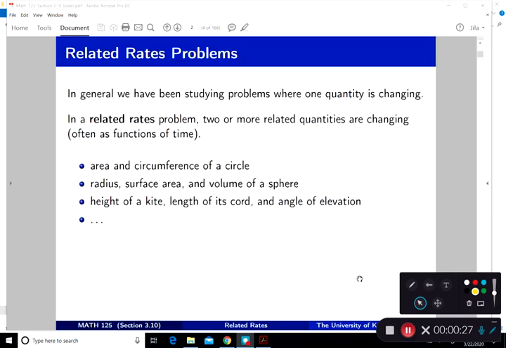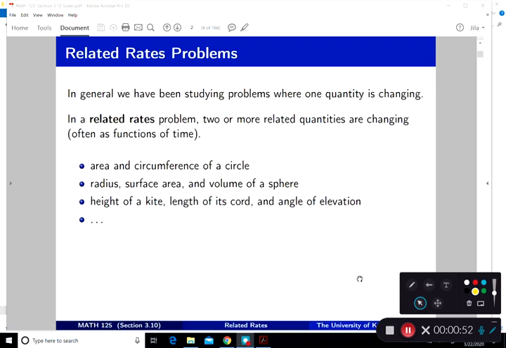In general, we have been studying problems where one quantity is changing and another quantity is related to that one quantity. For example, area and circumference of a circle are related to each other. Radius, surface area, and volume of a sphere are related to each other.